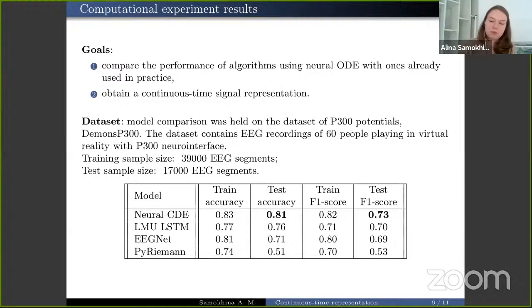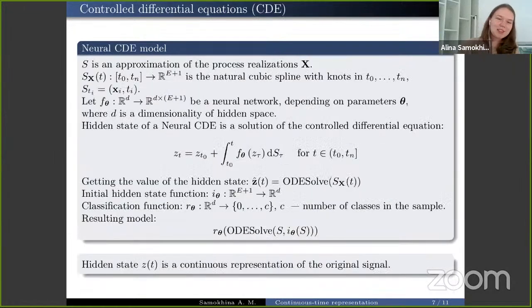Okay, one second, I'll formulate this right. We have S, our approximation of our process, and as an input to the model, if I'm not mistaken, we are taking the coefficients of this natural cubic spline approximation.